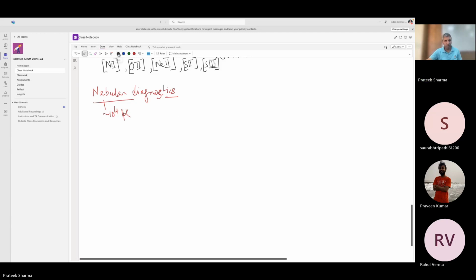So for example, to measure abundance, one thing can actually be some O2 line to H alpha line, right? H alpha line quantifies the abundance of hydrogen. O2 quantifies the abundance of metals. So some sort of line ratio like this can be an indicator of metals.